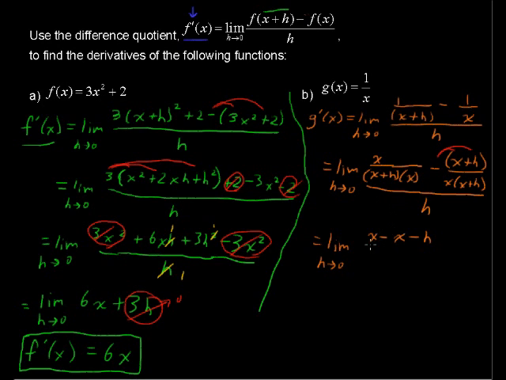All over x times, let's just multiply this, x squared plus x times h, all over h. So we've got x minus x here, that crosses out, and now let's divide this.